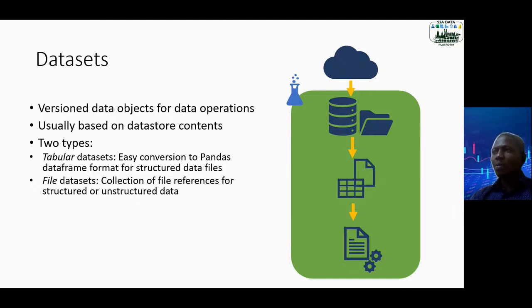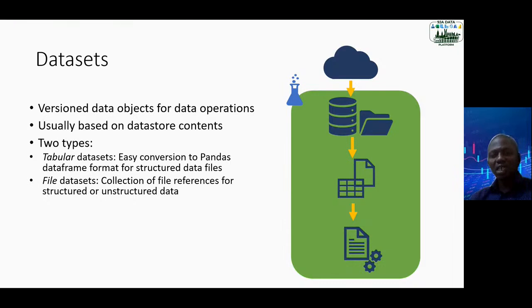Now, another thing we have mentioned about our data store, our storage account. We mentioned that in that storage account, we have our types of data. What are the types? Your blob, your file, your table. Thank you. Types of blob. And then we spoke about our data store, the cloud abstraction of your database.